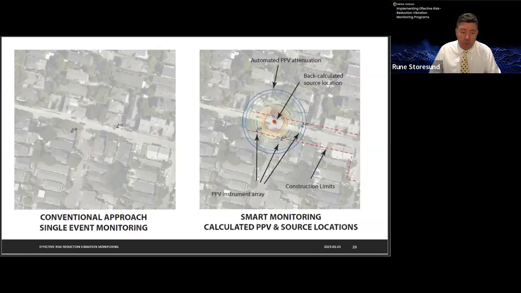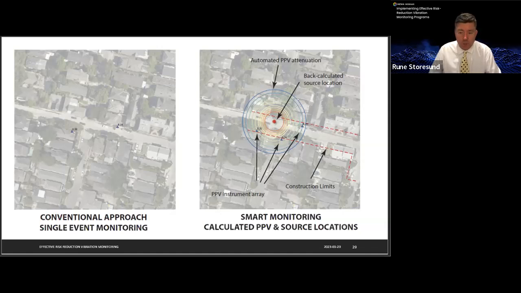Adding on the spatial boundary of the construction limits as a geofence, then we can use that to filter events, so only those events where the target thresholds are exceeded or are at the threshold limit are the basis for alerts being sent out. And this helps greatly minimize the amount of really irrelevant vibration alerts you might receive if you aren't tracking where those PPV values are relative to the construction work limits.